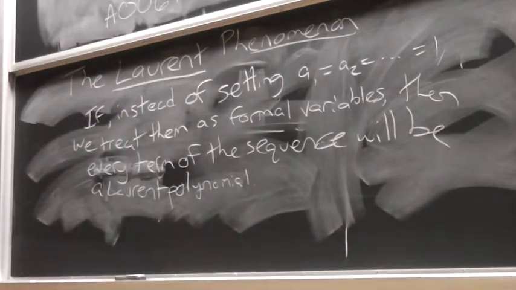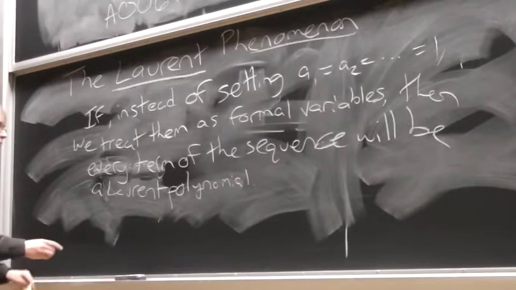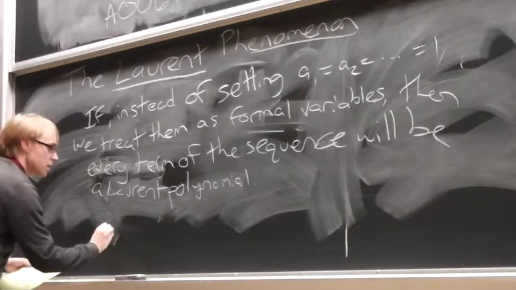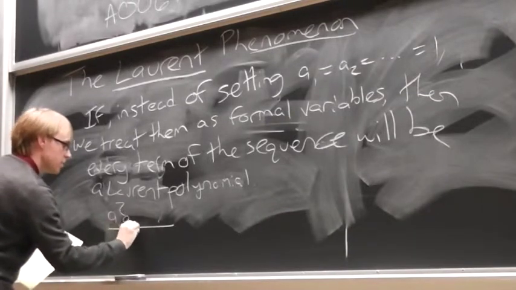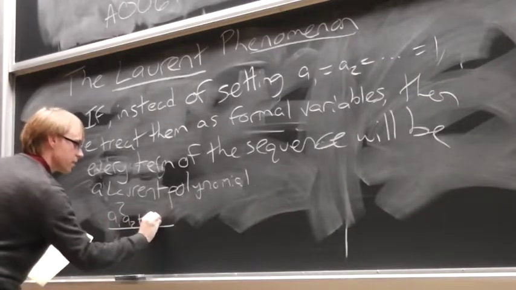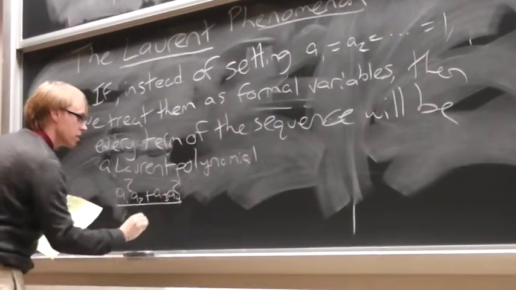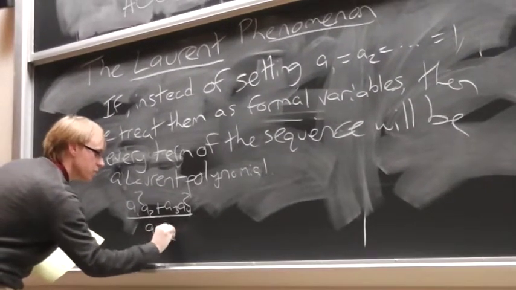What that means is that you can have whatever you want in the numerator of your fraction, but downstairs has to be a Laurent monomial. So you can have a1 times a2 squared times a3, but you can't have a1 times a2 squared plus a3 in the denominator. You can have a1 squared times a2 plus a3, a4 squared over a1, a2 squared.